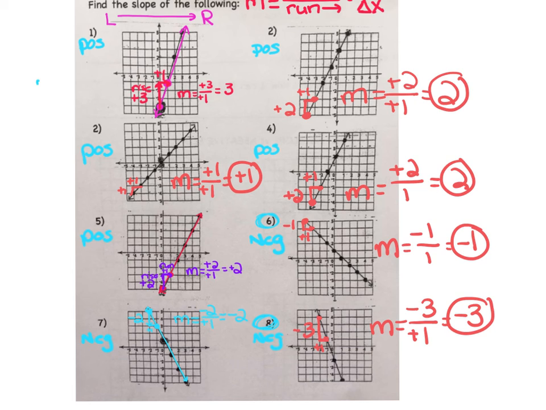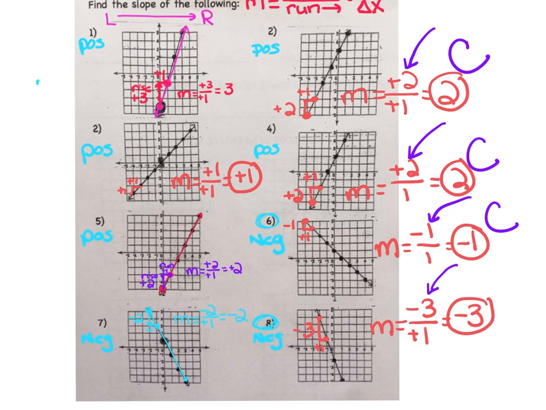Let's compare. Number 2, you should have gotten +2 over +1, which gives us a slope of 2 when we divide. Number 4, you should have gotten +2 over +1, which again is 2. For number 6, a -1 over 1, which gives us a -1 slope when we divide.